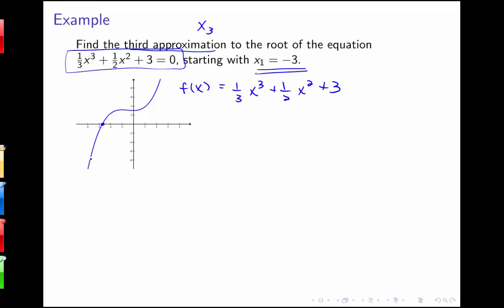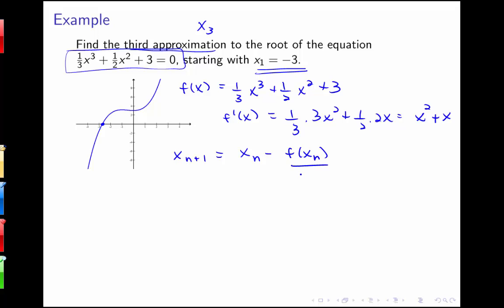Okay, so we've got our function. Well, what do we need next? Well, in Newton's method, our formula also requires the derivative, so we're going to go ahead and compute f prime. So this example is made to work out a little bit nicely for us. So we have x squared plus x is our derivative. Now, using the formula from Newton's method, I know that my n plus 1th approximation is equal to xn minus the function at xn over the derivative at xn.